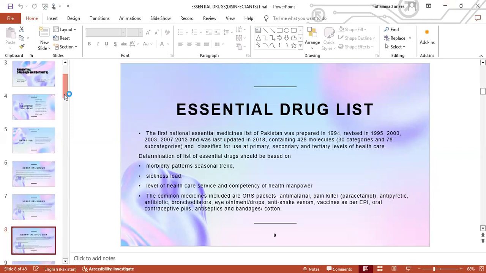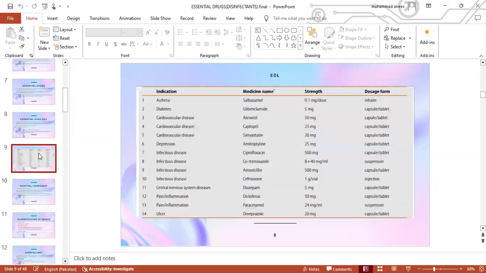Then examples of these are given in the table. Have a look at this table. For asthma, the essential drug is salbutamol. Strength is 0.1 mg per dose, and the dosage form is the inhaler. For diabetes, glibenclamide, 5 mg capsule or tablet; cardiovascular disease, atenolol, captopril, simvastatin; and for depression, amitriptyline.